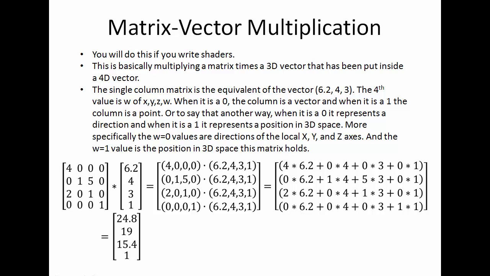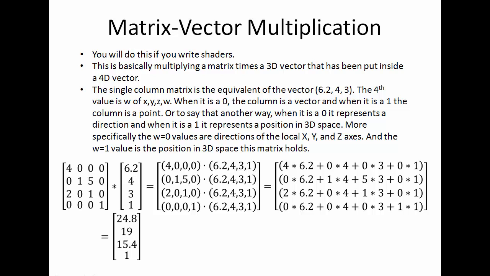Matrix vector multiplication. Now we do this. You'll do this if you write shaders. This is basically multiplying a matrix times a 3D vector that has been put inside a 4D vector. The single column matrix is the equivalent of the vector 6.2, 4, 3 in the example below. The fourth value is w, or xyzw. When it is a 0, the column is a vector, and when it is 1, the column is a point.